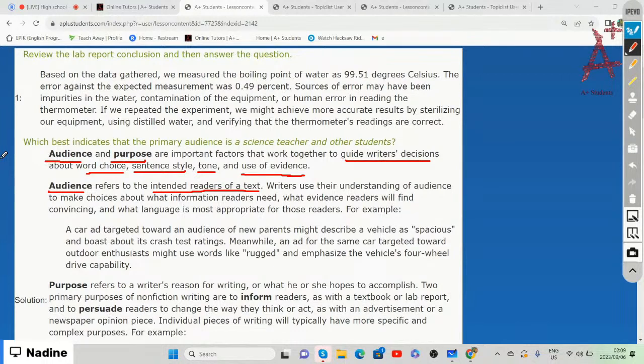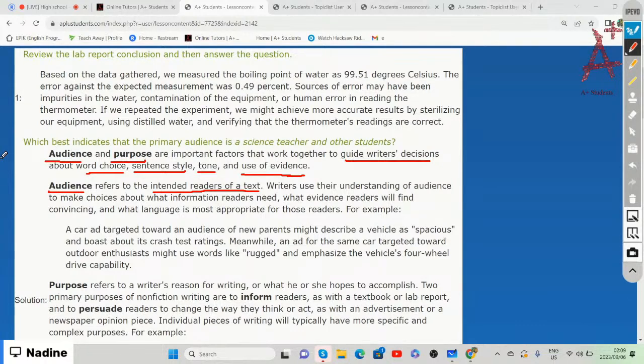Writers use their understanding of audience to make choices about what information readers need, what evidence readers will find convincing, and what language is most appropriate for those readers.